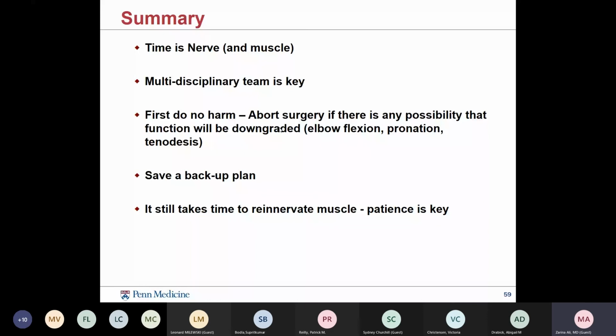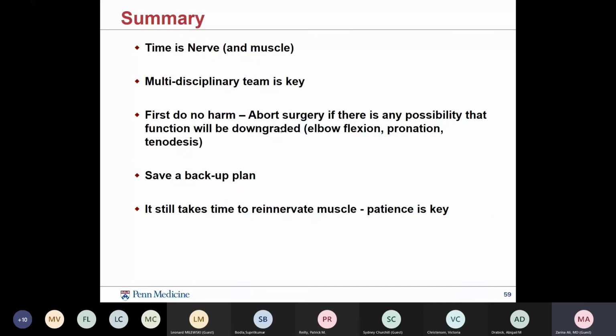Well, then maybe we have to remember to preserve the spinal accessory nerve and not use it as a donor for another function. So we're constantly going back to the drawing board and thinking about the different options. And then, of course, it still takes time to reinnervate muscle. That's one hurdle that we have yet to work on in nerve surgery.